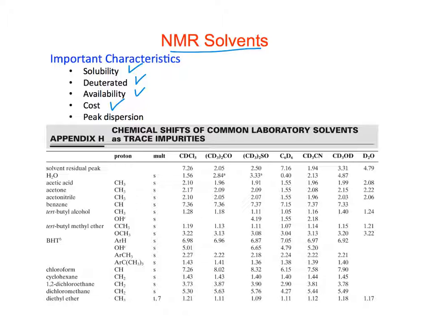You can get solvents in differing levels of deuteration. Some are 99.9%, but you can also get what they call 100% deuterium, which isn't quite 100%. It depends on the concentration at which you usually run your samples.